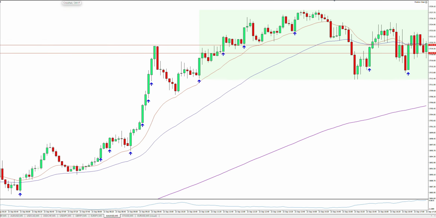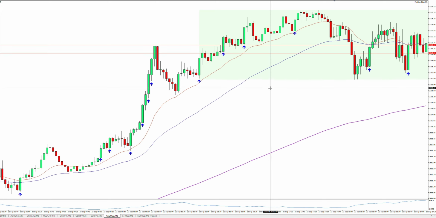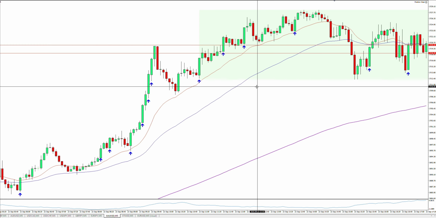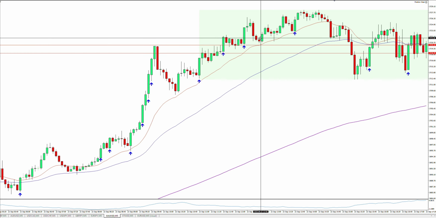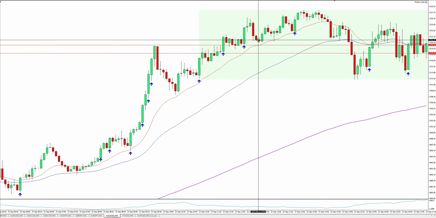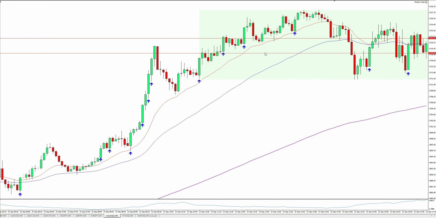I'll have a video on how I calculate profit targets at some stage, by the way, if you're interested in that. The second setup was at 12:40. So where's 12:40 on the chart time? So we were entered in here. Our zone was from here to here.